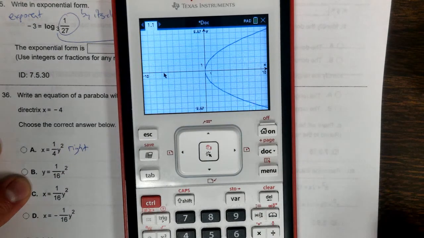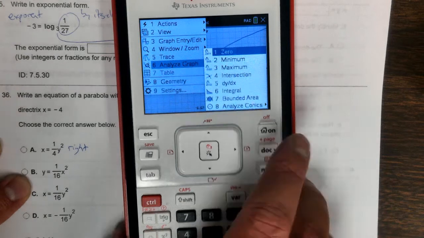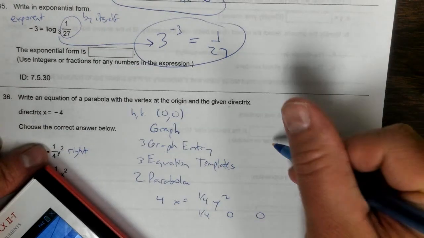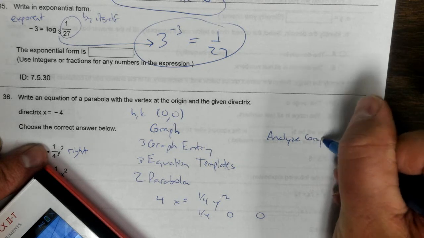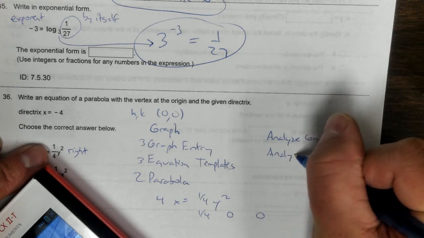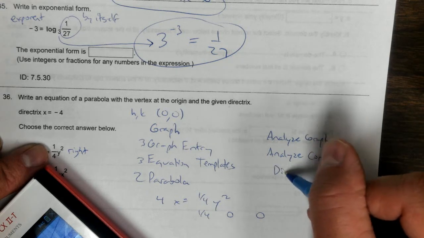And remember, we can go to our analyze. So if we go to analyze graph and to analyze conics, then you can find your directrix.